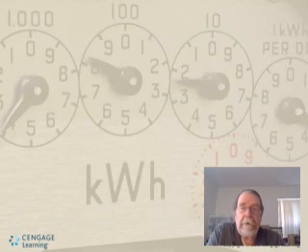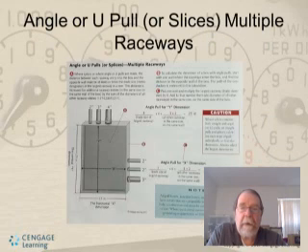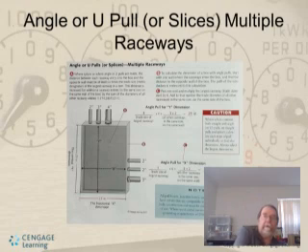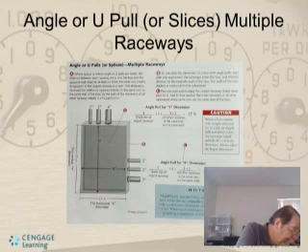Now we're going to go into another pull situation. U-pulls or splices of multiple splices. They're supposed to be splices of multiple raceways. Here we have where splices or where angle or U-pulls are made, the distance between each raceway entry into the box and the opposite wall must be at least 6 times the trade size of the larger raceway in a row.